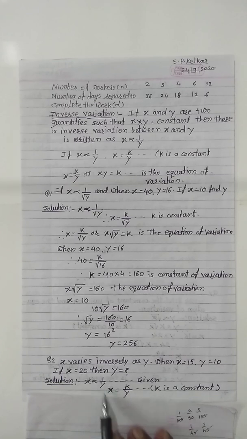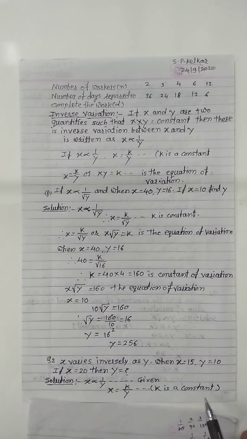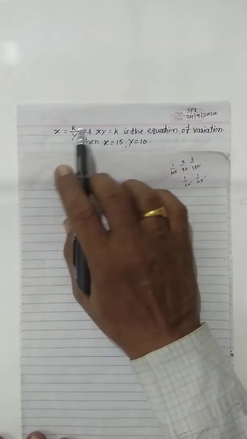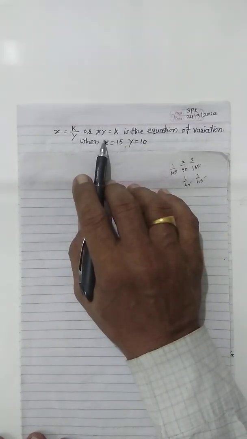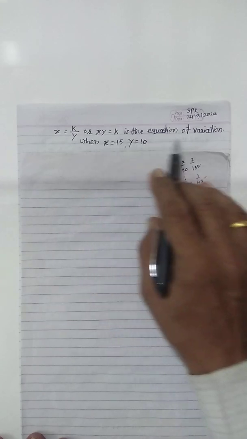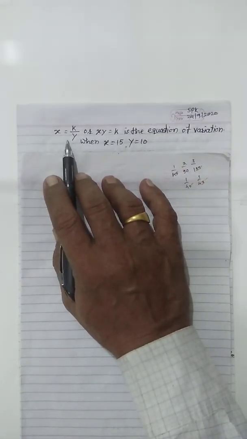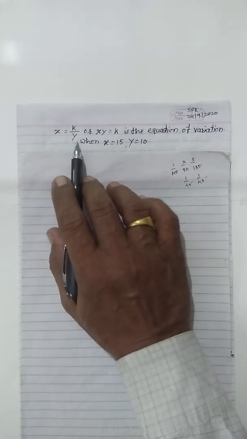This is the symbolic form and this is the mathematical form. x equal to k upon y, where k is the constant of variation. Then x equal to k upon y, or x into y equal to k is the equation of variation. We write this mathematical form in the form of an equation.